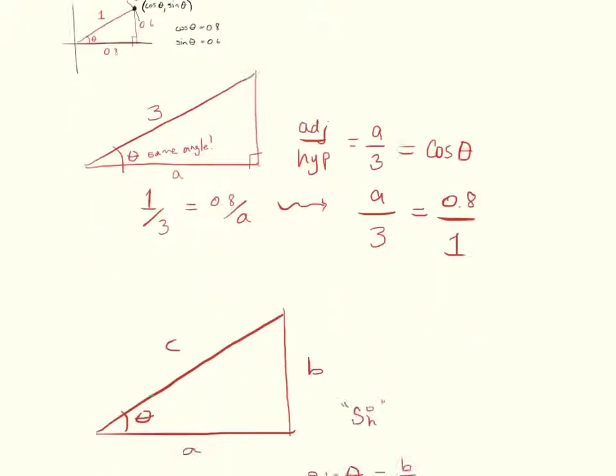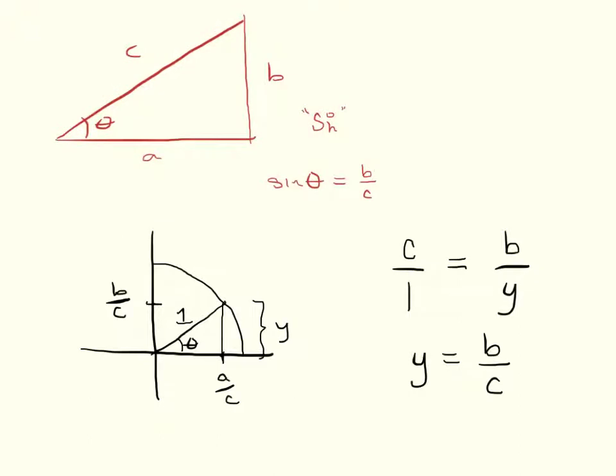In the other situation, we went a lot faster. I started with a random right triangle and said sine of theta is B over C. Why is this also the y-coordinate on the unit circle? Again, I have to think about similar triangles. I'm taking a triangle with hypotenuse C and scaling it back down to a triangle with hypotenuse 1.